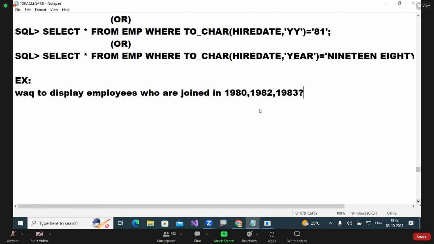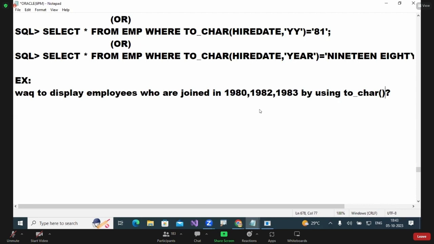Syntax. By using two underscore char. Your wish, you can take any interval: YYYY or YY or YEAR.